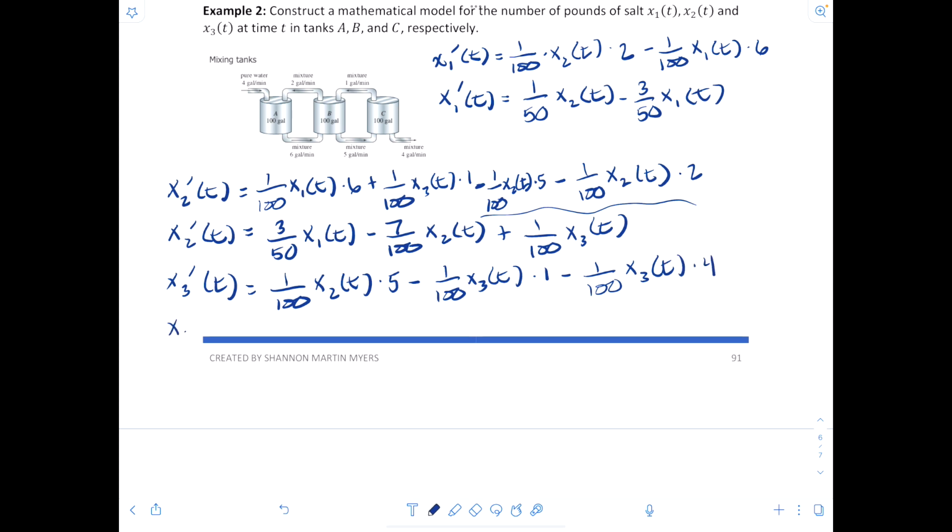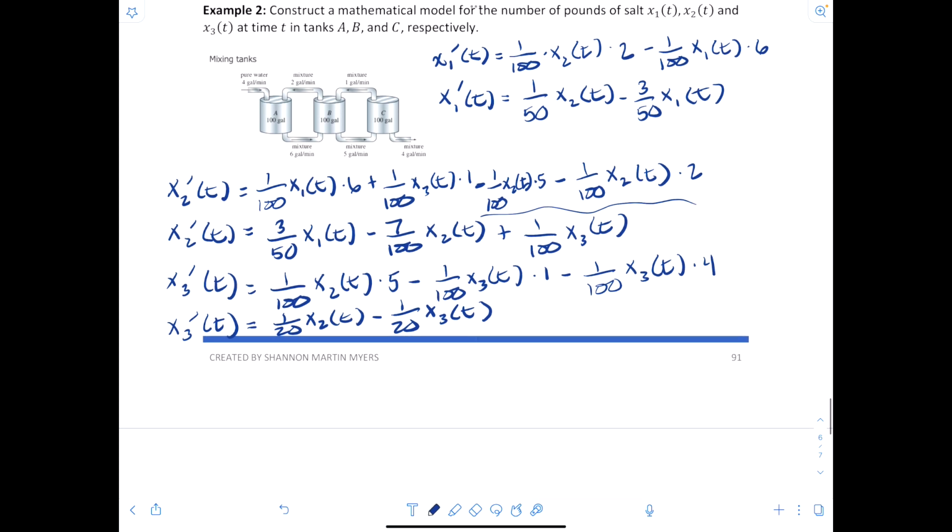And so x3 prime at t would be 1/20 x2 at t minus 1/20, sorry about the dogs, times x3 at t.